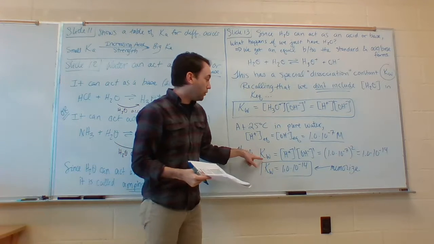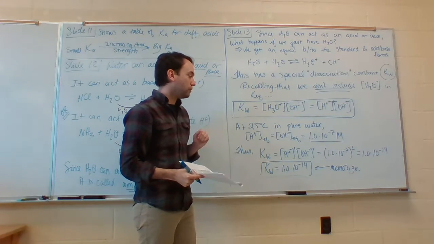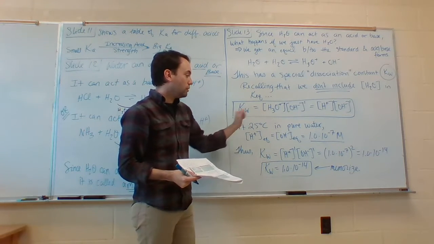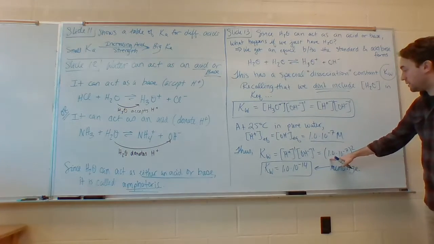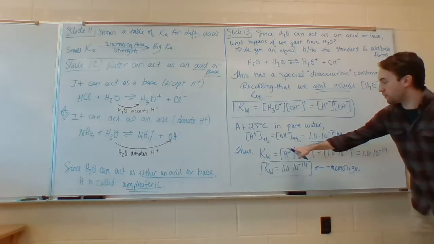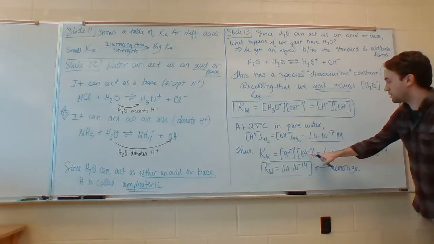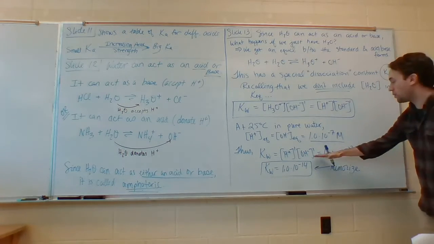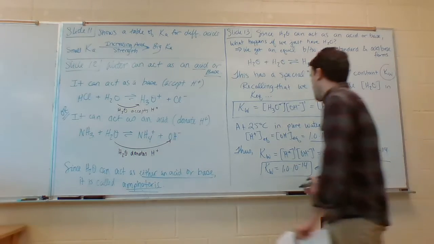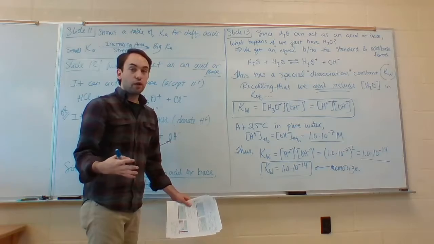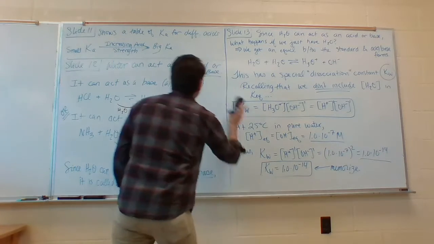That means that if we plug those into our Kw expression, we're going to get 1.0 times 10 to the negative 7th for the first one. We'll have 1.0 times 10 to the negative 7th for the second one. And so we'll get that quantity squared, which will give us a Kw equal to 1.0 times 10 to the negative 14. That is going to be the value for your water dissociation constant.